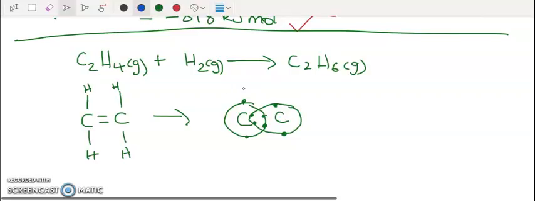And so the hydrogen has 1 electron in its outermost shell and needs another electron. So it's going to come like this. Then this hydrogen is also going to borrow this side. And this hydrogen is going to borrow this electron, and the other hydrogen is going to borrow this electron. And because there are 2 electrons being shared here, it'll be a double bond. And here, since there is only 1 electron shared, it's going to be a single bond.